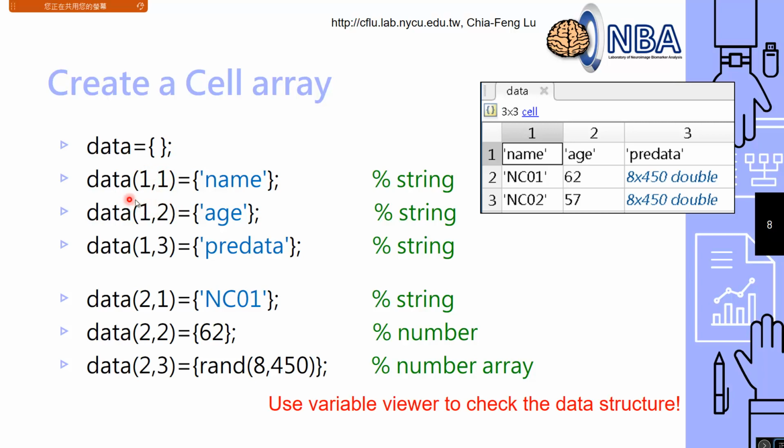Okay, we didn't use squared brackets, we didn't use curly brackets, we use parentheses. So do remember, if you are doing the get value, set value index, you need to go with parentheses right here. Okay. So you can follow this idea to store different types of the information within this data.